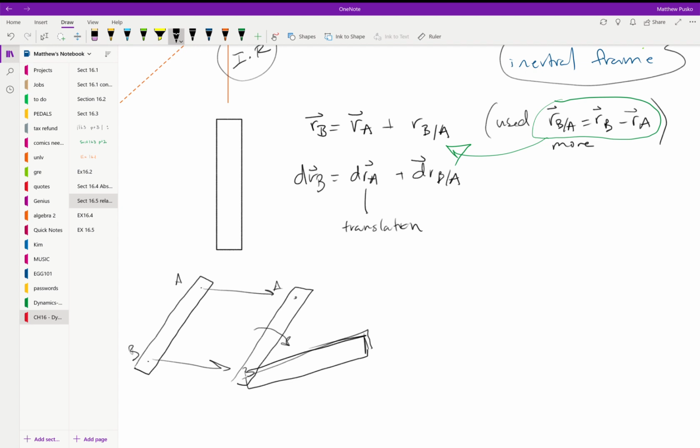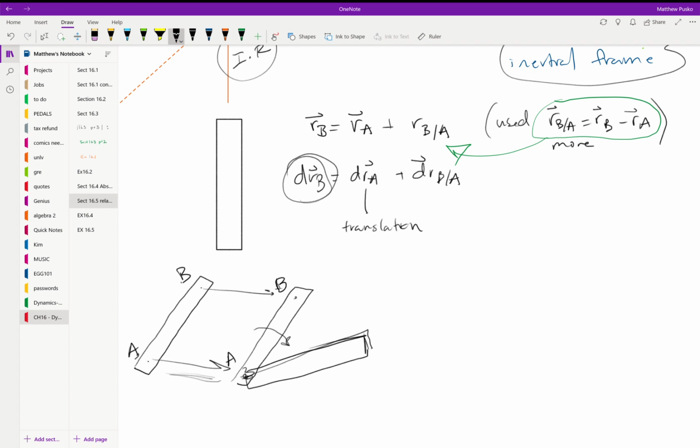Okay, we can describe the position. Let me re-letter this. We can describe the motion of B by saying we have a translation at A. A, just slide it over to a new spot.